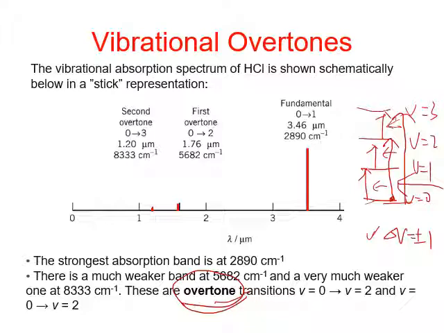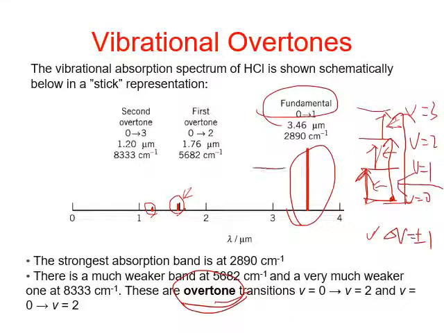In this diagram, we see the absorption between adjacent energy levels from 0 to 1. That's called the fundamental. This is the only absorption allowed in the harmonic oscillator. But with anharmonicity, we also see the first overtone and the second overtone, although the intensity is extremely low compared to the fundamental absorption.